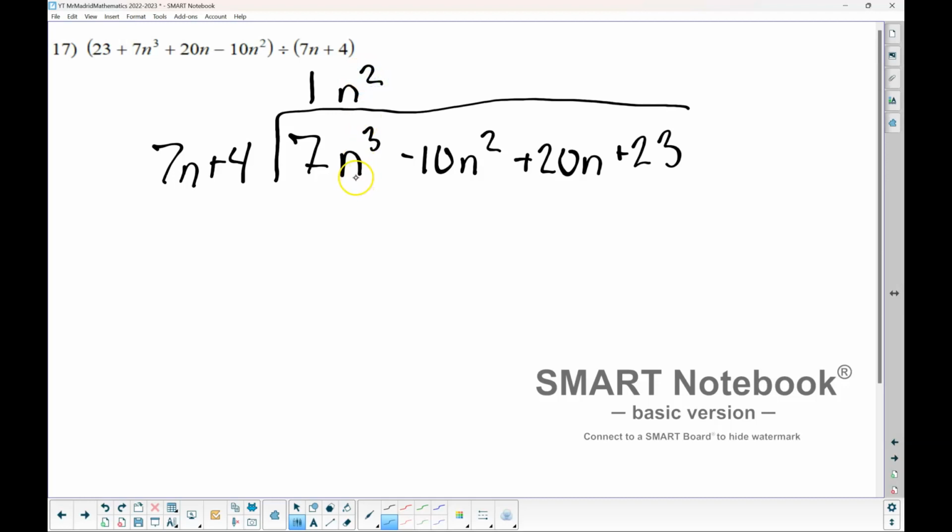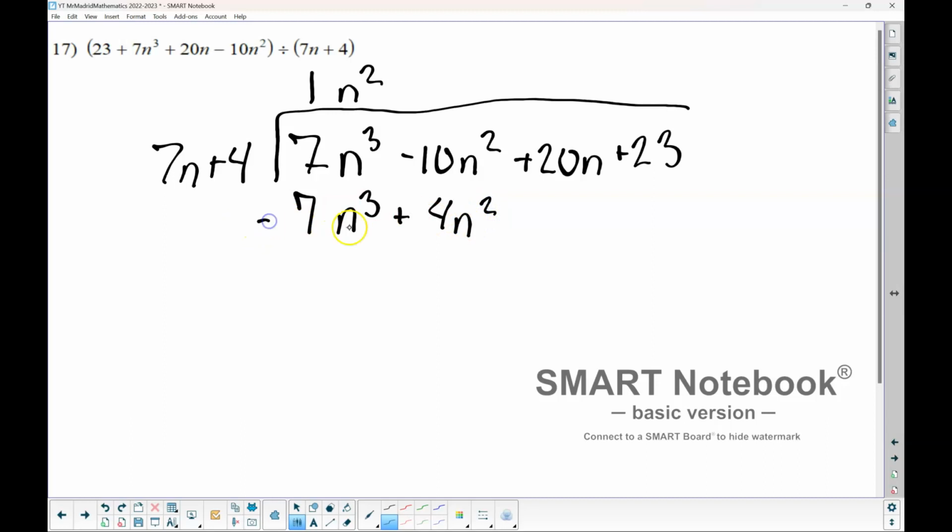Now, as far as how we continue, we're going to carry this multiplication out here. So this times that. We have 1 times 7 is 7, 1n and the 2 more is 3, but I've got to deal with this part, so now I have plus 4n squared.